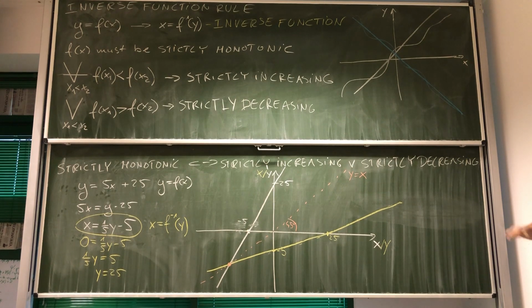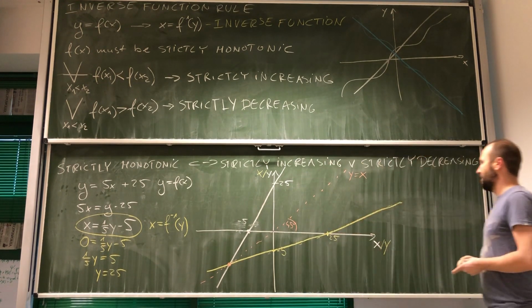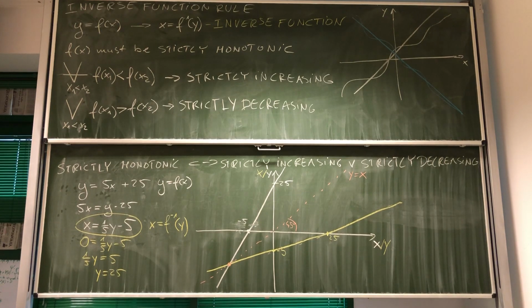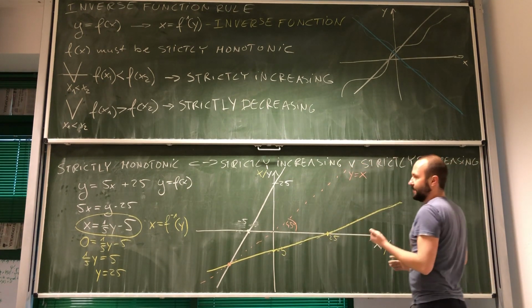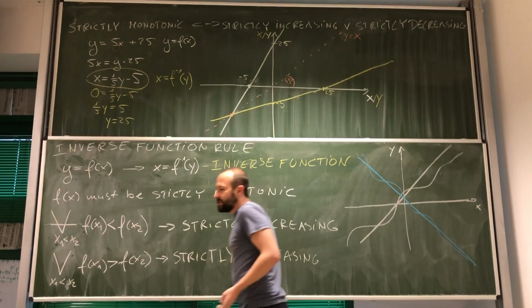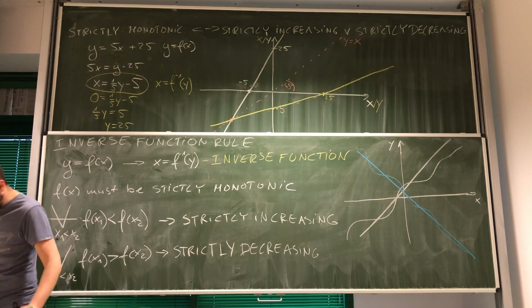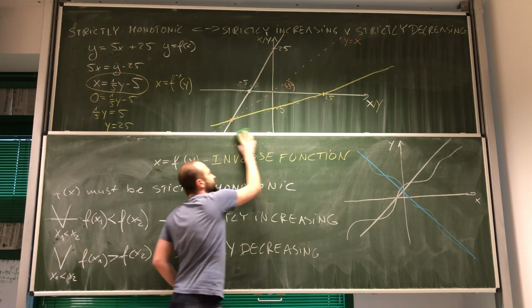Okay, so now we've established the relationship between these two functions. We see that they are mirror reflections with respect to this line. Okay, but as you might say, of course, this is always very, very easy in case of linear function.